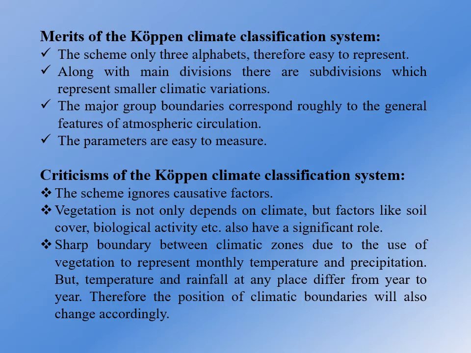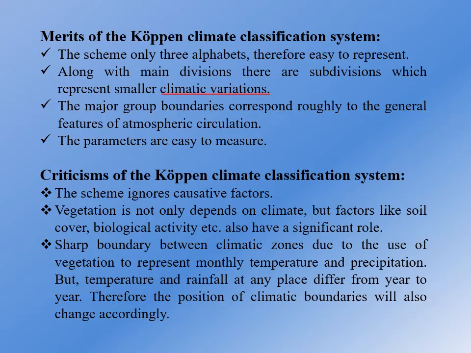It also identifies other smaller climatic divisions. The major group boundaries correspond roughly to the general features of the atmospheric circulation systems.